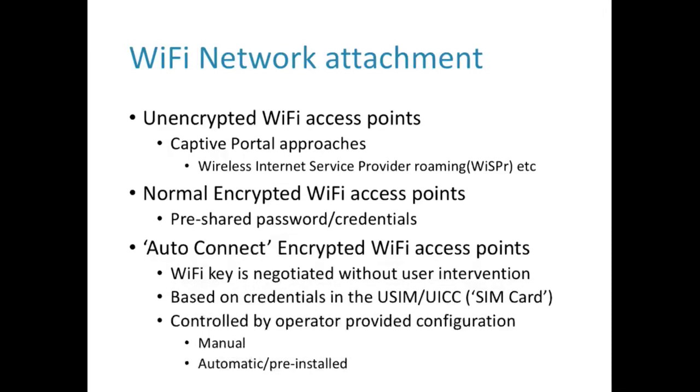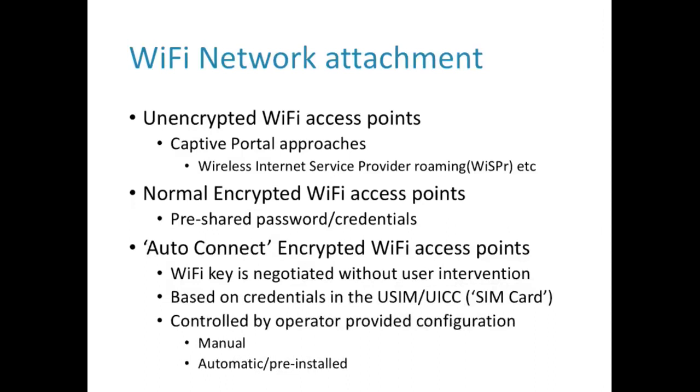Specifically, we're looking at access points that are basically managed by the mobile operators, and they allow a mobile phone to connect to the Wi-Fi network automatically without any user intervention. It does this by using the credentials in the SIM card, basically the IMSI and the key.